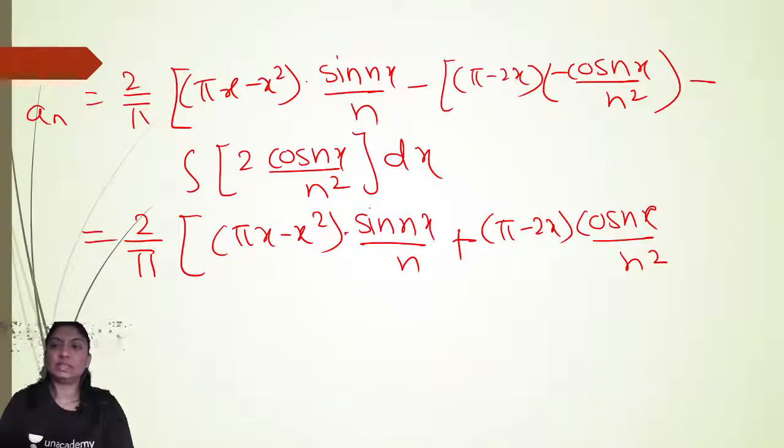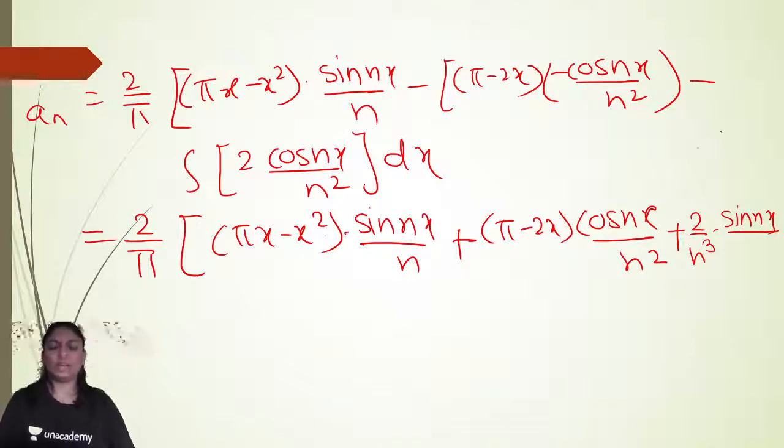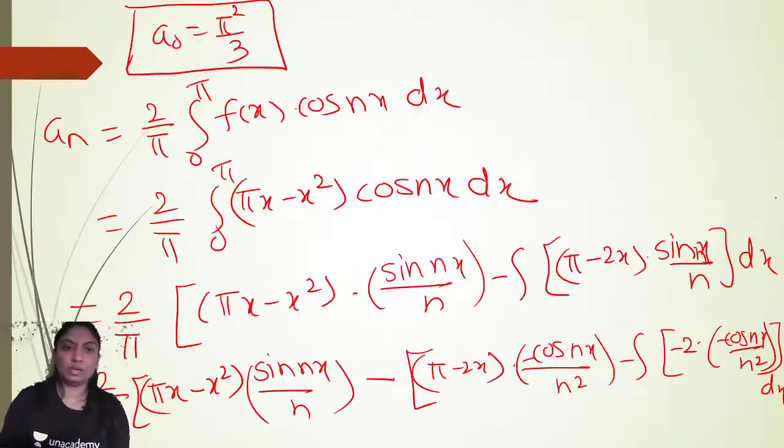Now this minus and this minus becomes plus, and the integral of 2 cos nx is 2 by n square, and the integral of cos nx is sin nx upon n. So you will get here 2 by n cube into sin nx, okay, from 0 to pi. It is in the interval 0 to pi, right?